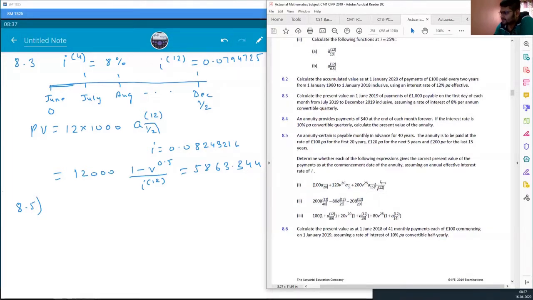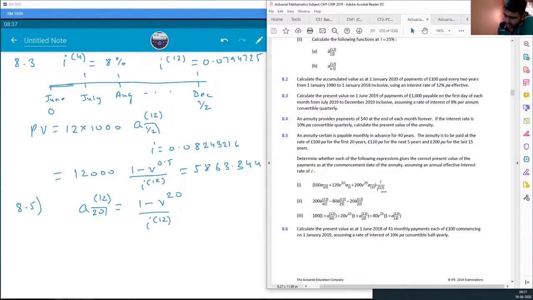But they have given this I by I-12. Now, if I have something, let's say A20 payable 12 times, and I write the formula, I'll get 1 minus V raised to 20 by I-12.